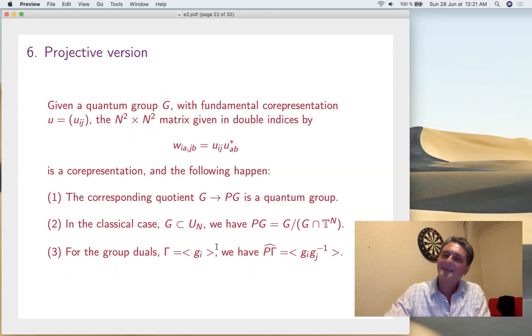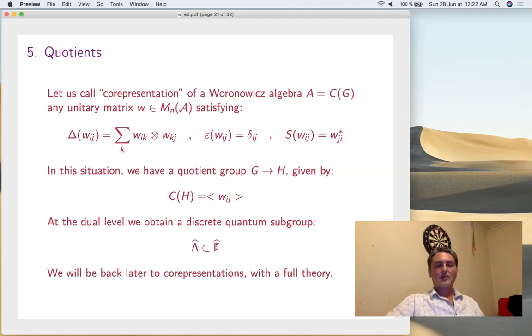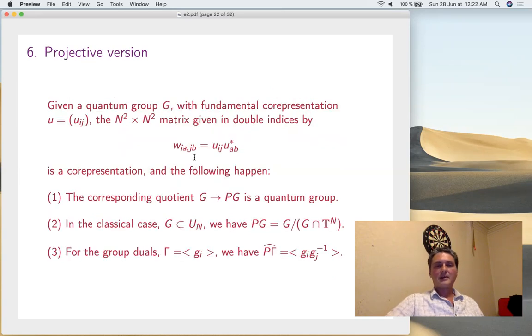Very nice. Six operations now, wow. So a lot of operations. Now the projective version. Yeah, that's interesting. So it's a quotient operation. For a quotient, I remind you, we need a co-representation. You take this one here, the so-called adjoint co-representation. There's nothing mysterious about it. It's just in double indices, and that's what happens in the classical case where you take an adjoint representation: the dimension doubles.